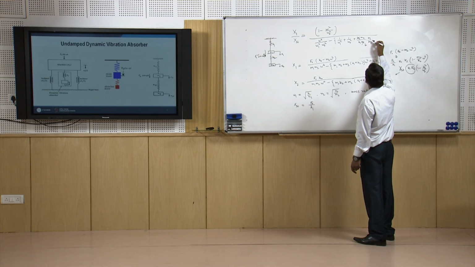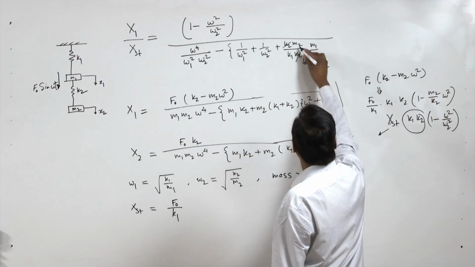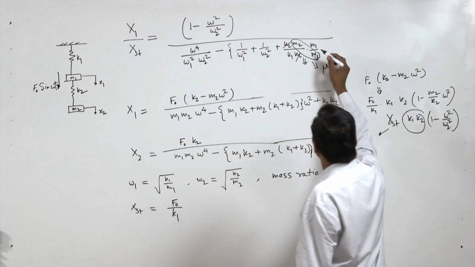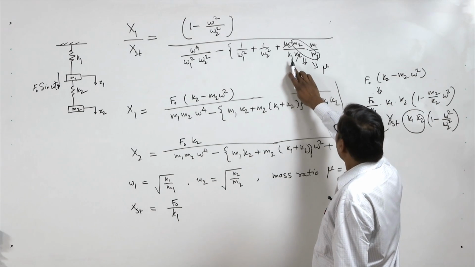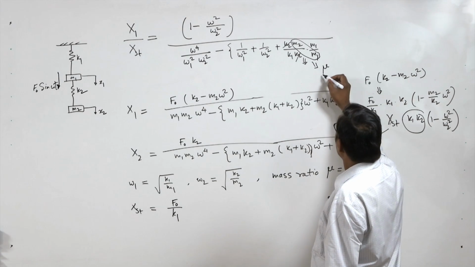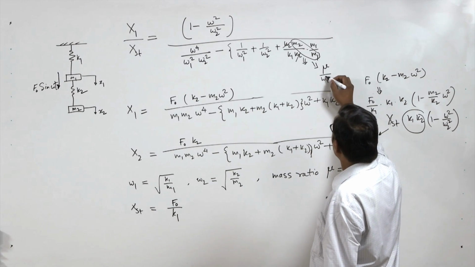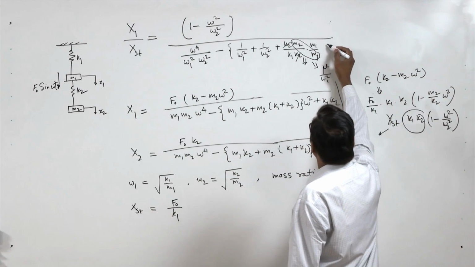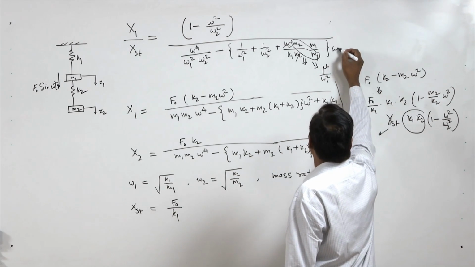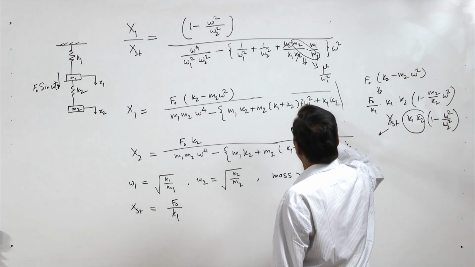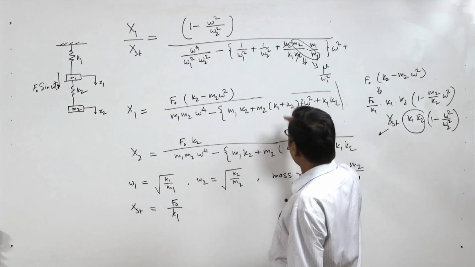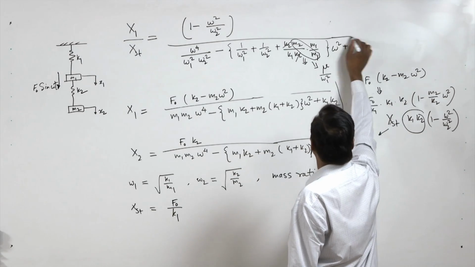So we will have here m2 by m1, that is mu, and k1 by m1 is omega 1 square, and this term is multiplied by omega square, and then this is k1 by k2 by k1 by k2. So it is 1.